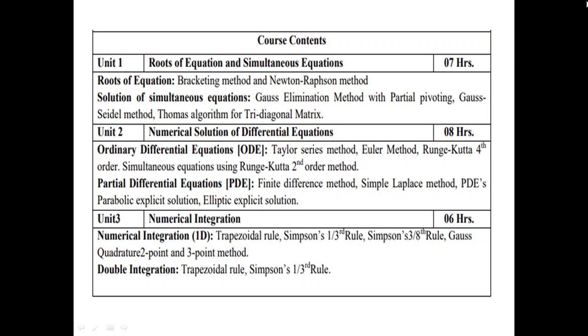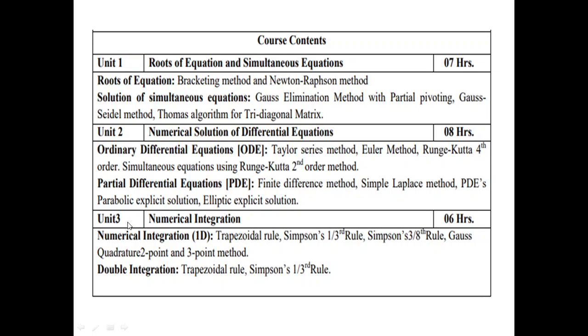According to the law of motion, the velocity v of a moving body is given by F is equal to m into dv by dt. There we can use partial differential equations or ordinary differential equations. We'll use that when solving the numericals.